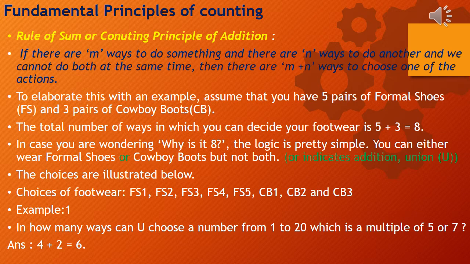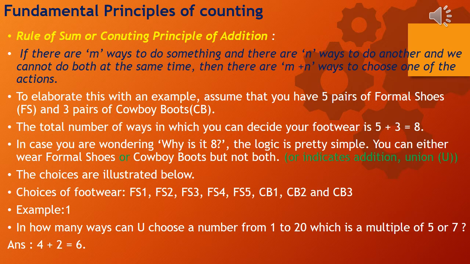In how many ways can you choose a number from 1 to 20 which is a multiple of 5 or 7? Again here there are 2 works. Work W1 is the selection of a number that is a multiple of 5. What are the multiples of 5 from 1 to 20? 5, 10, 15, 20. So work W1 can be done in 4 ways.